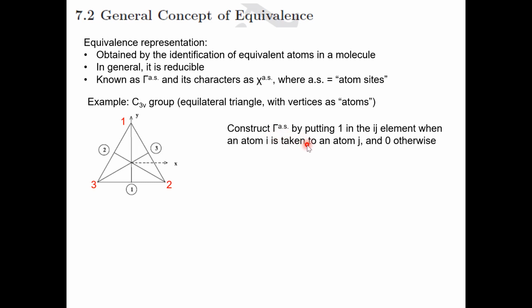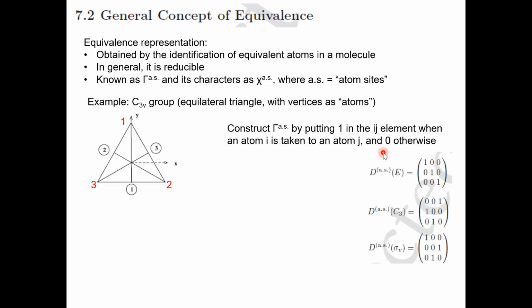So the recipe is to put the number 1 in a given IJ matrix element whenever the atom I is taken to the atom J, and put the number 0 in all other elements, okay? So how does that work? For instance, let's take the identity symmetry operation.